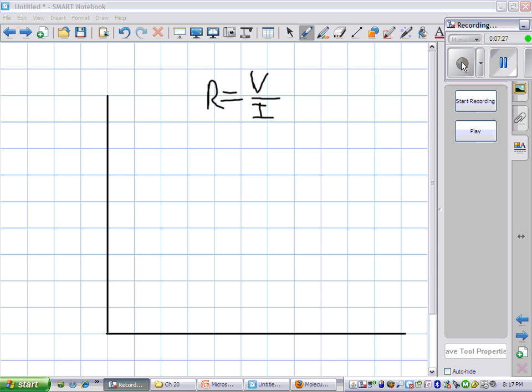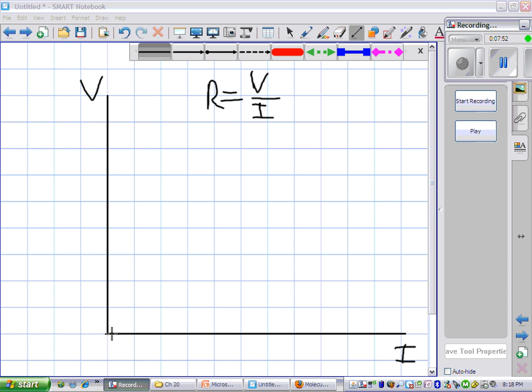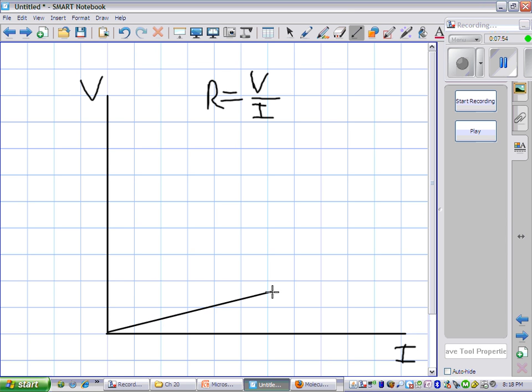So we're going to look at the graph of Ohm's law. Ohm's law says resistance equals potential difference over current. What we're going to do is graph potential difference on the y-axis and current on the x-axis. If we graph the current in a circuit, you'll get a straight line graph that looks like this, because the voltage over current equals resistance.